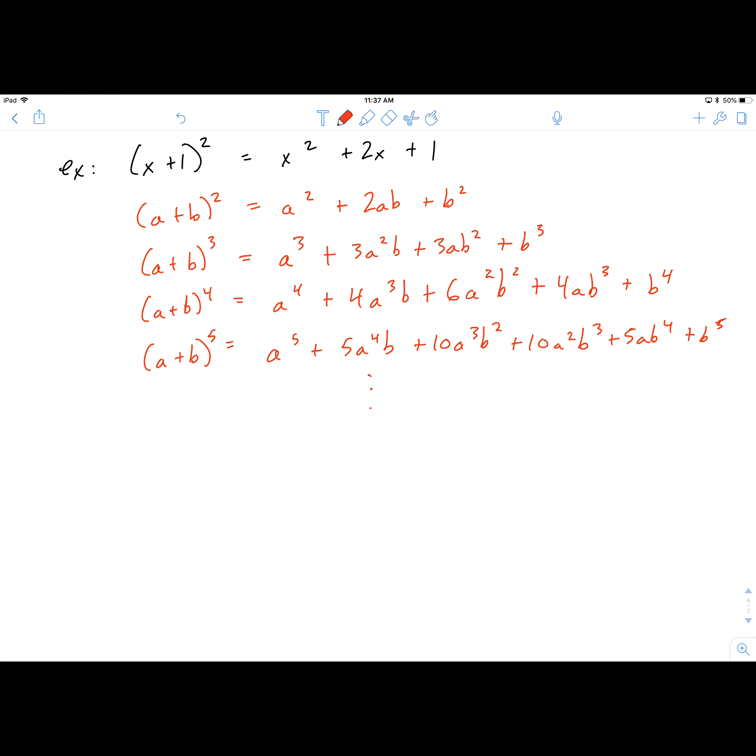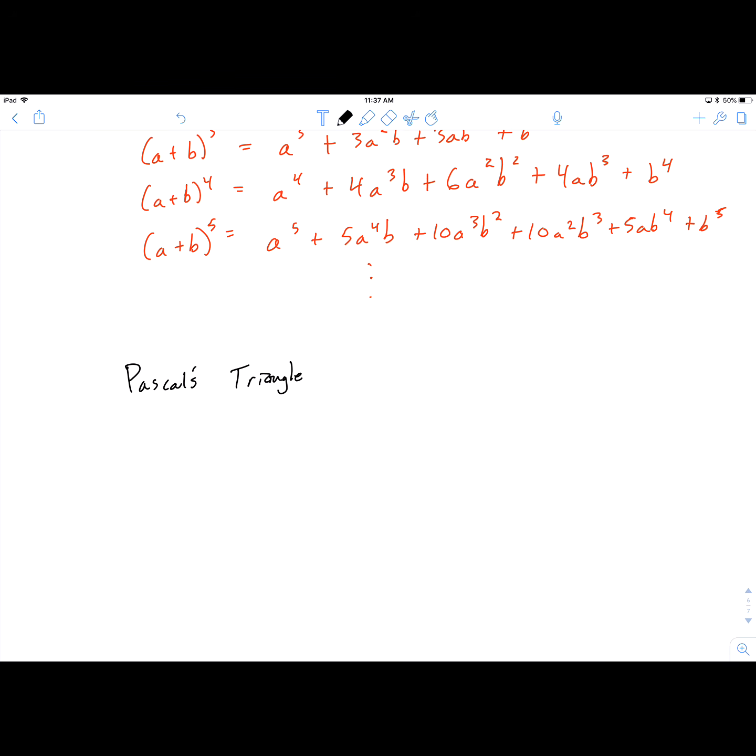And if you keep on going, eventually you can get to something called Pascal's triangle. So Pascal noticed this interesting pattern, and it turns out there are all sorts of really curious things about it. Let me start writing down Pascal's triangle. Pascal said if you start with a 1, and then a 1 and a 1 like this.